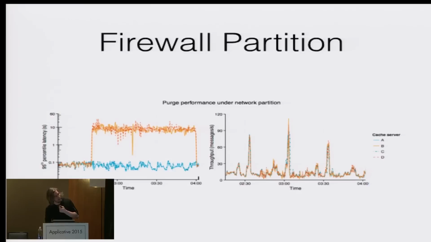They were getting up to almost 10 seconds there. However, if you look at the graph on the right, they actually continued to receive roughly the same number of purges the entire time. It was keeping up just by having the gossip inside their own data center. Just randomly, they would occasionally choose each other, and that was good enough to recover all the messages that were being lost to those two servers.